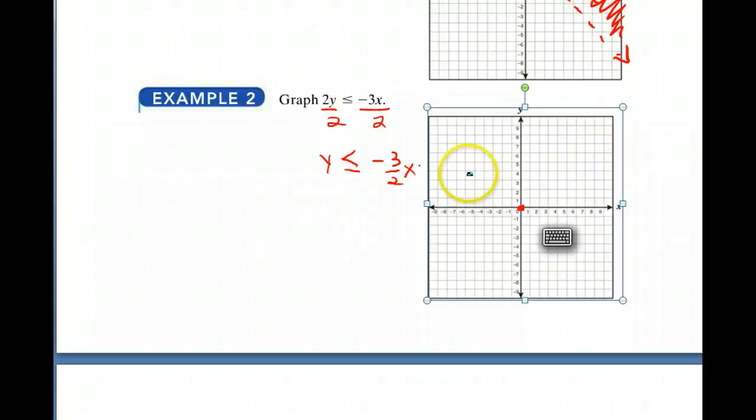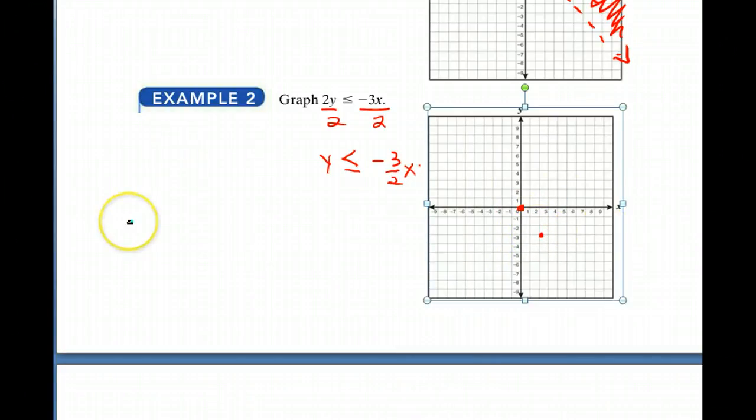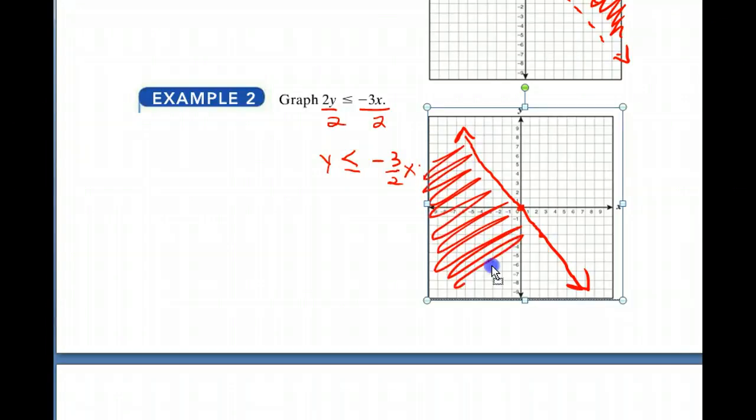From here you will use your rise and run, so we're going to move down 3, 1, 2, 3, and over 2 to the right. And then we will use a solid line since we have a less than or equal to. That equal to tells us we need to use the solid line. And since the inequality symbol was less than, we're going to shade below the line where the values are smaller than my line.